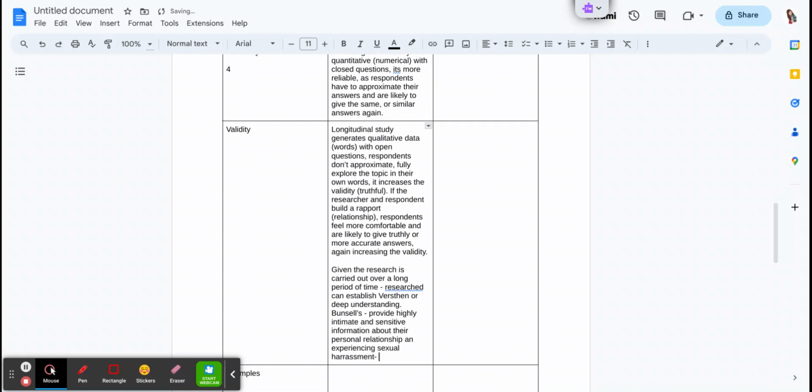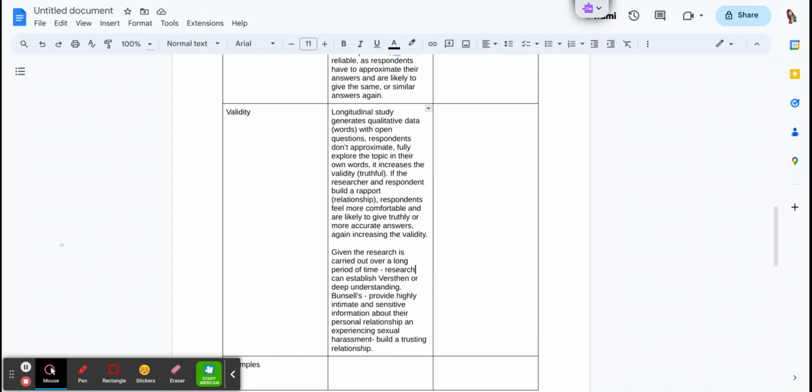This is because they've clearly built a trusting relationship. So I know I've already touched on Bunsel by saying 2 years, but it didn't feel long enough. So I've added it in there as well because she must have built that Verstehen in order to truly understand them. Okay, that is paragraph 5.